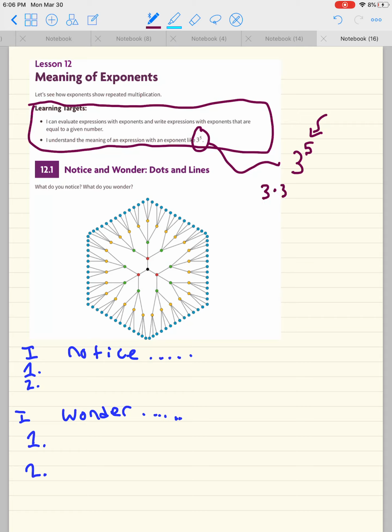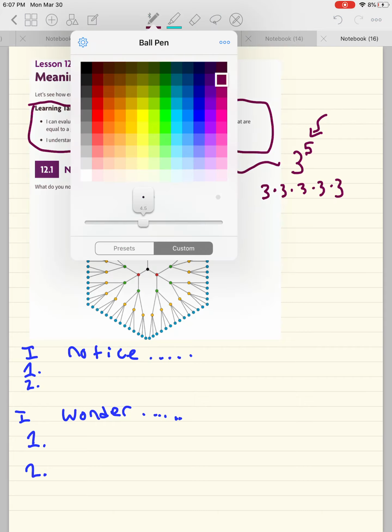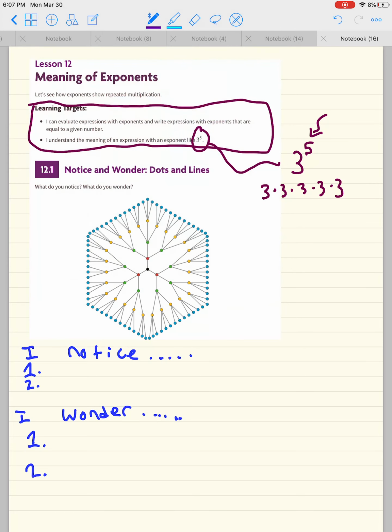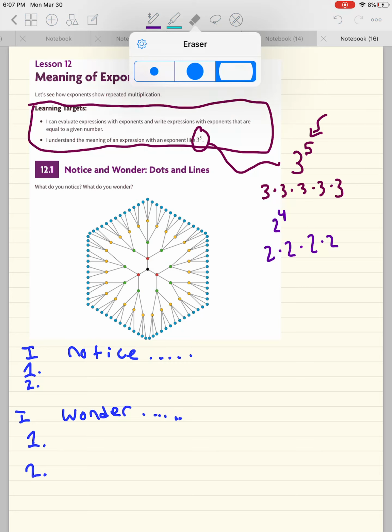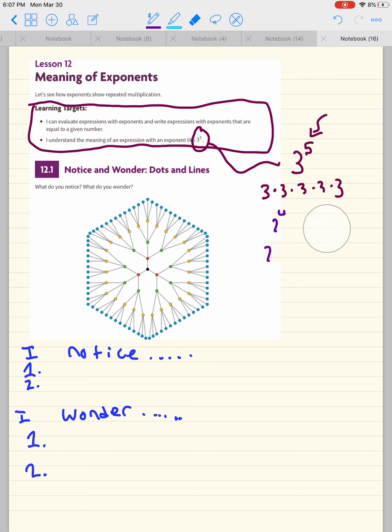So 3 times 3 times 3 times 3 times 3. So for instance, if I had 2 to the 4th power, a 2 with a little 4 in the corner, that would be 2 times 2 times 2 times 2, 4 times. Anyway, I just wanted to front load some of that information. We're going to get into it more.